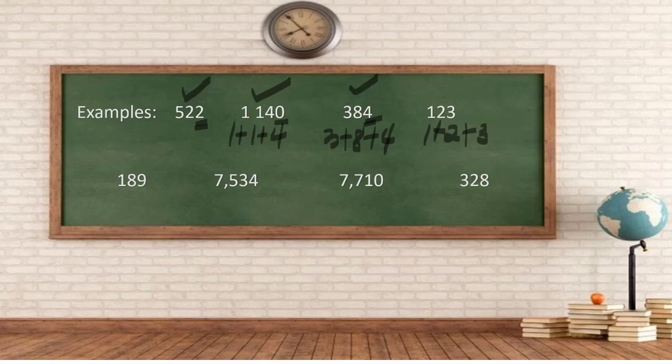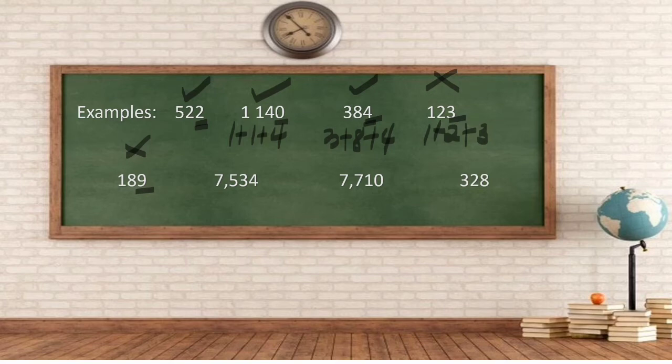Yes, divisible by 3, but not divisible by 2 because it ends with the number 3. So this is not divisible by 6. How about 189? This is not divisible by 6 because it is not divisible by 2.